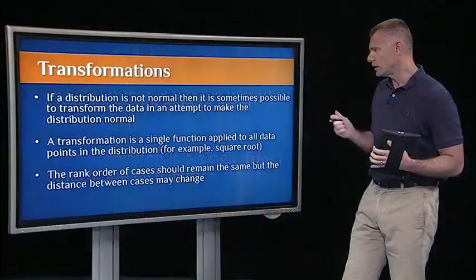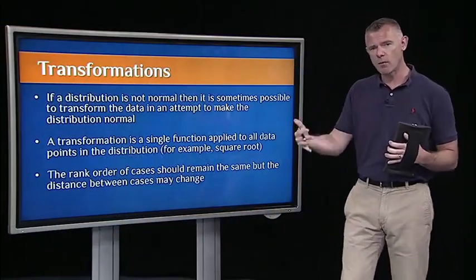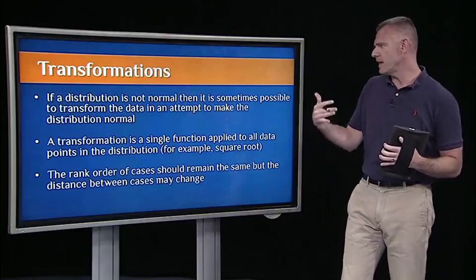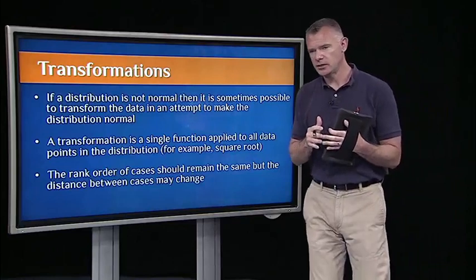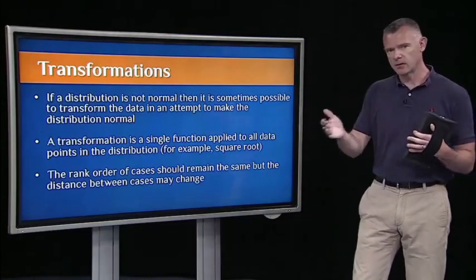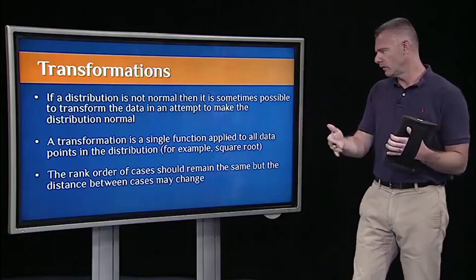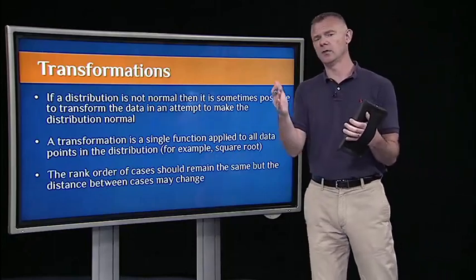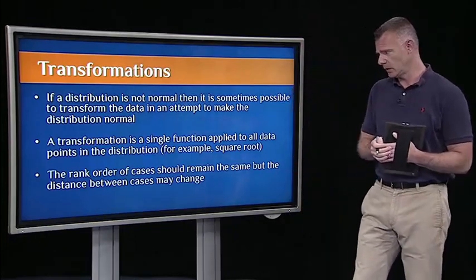So if a distribution isn't normal, then it's sometimes possible to transform the data set to make it normal. Now, a transformation is just a simple mathematical function applied to all values in the data set. For example, we could take the square root of every value in a distribution.